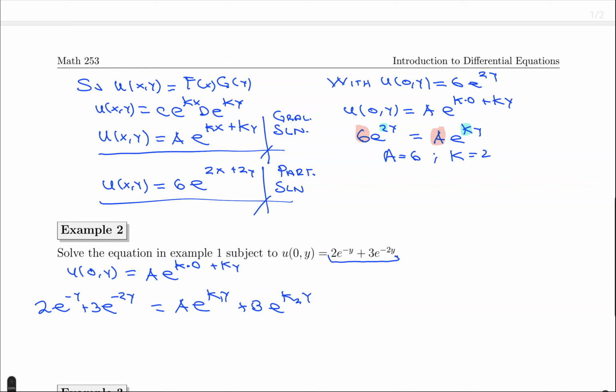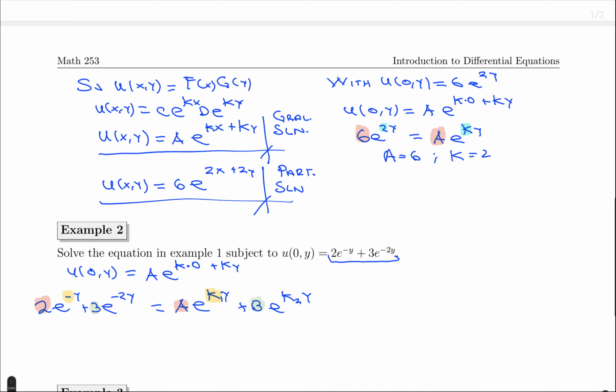All right, so A equals 2. B equals 3. All right. What else do I have? k1 equals the coefficient on the first exponential, that is negative 1.